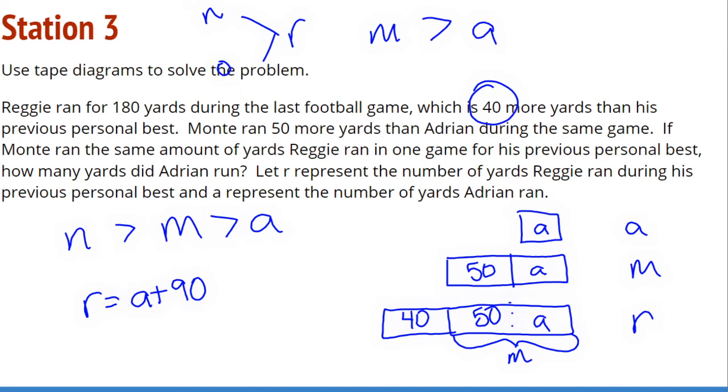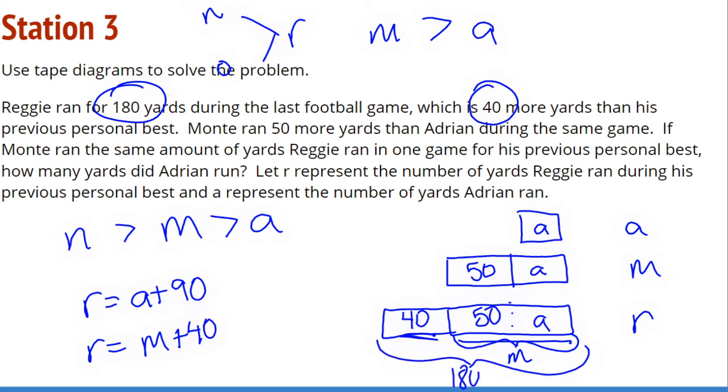And I can see that Reggie is also equal to everything Monty is plus 40, because this is Monty here, and if I add 40 more, then I get to Reggie. I know the total for Reggie is 180. So all of this together is 180.